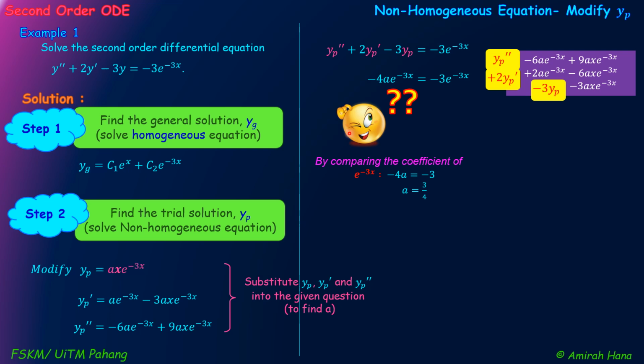So by comparing the coefficient of e to the power of negative 3x, because both sides contain e to the power of negative 3x, we got negative 4a equals negative 3. So a equals negative 3 over negative 4, which equals positive 3 over 4. So this is the value of a.